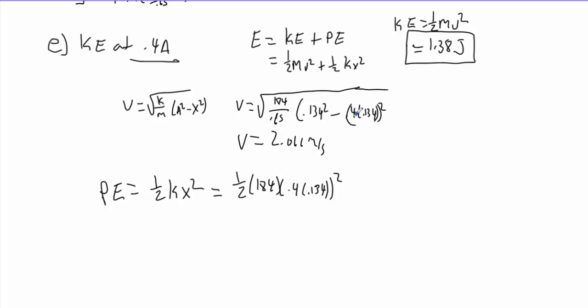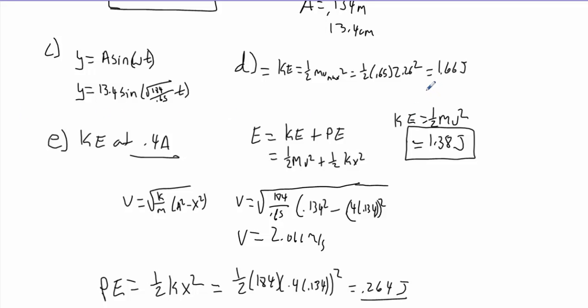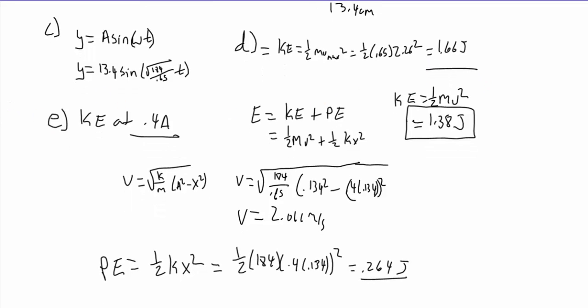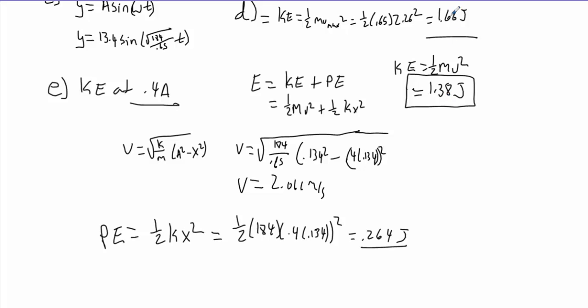So I have 0.5 times 184 times 0.4 times 0.134 quantity squared equals 0.264. If I subtract that number from the total energy, which we found right here, we should come up with this 1.38. So 1.66 minus that energy we just calculated does in fact equal 1.39. So give or take a rounding error, these two agree with each other.